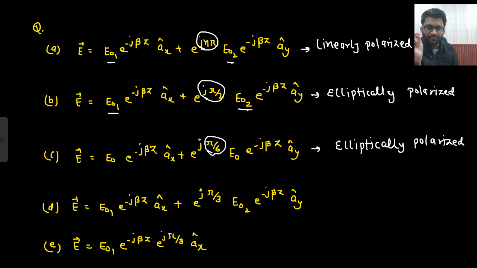Right? Now what about this one? Phase difference, you see, is very random. No need to look at the magnitude. If the phase difference is random, it will be elliptically polarized.